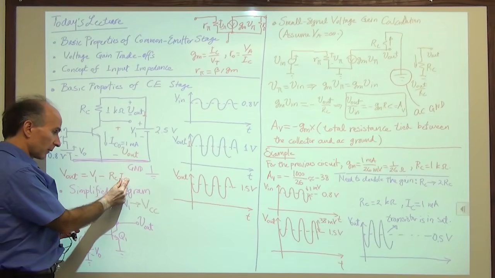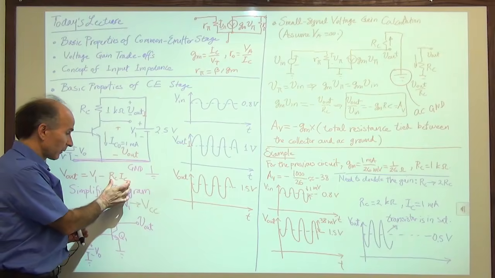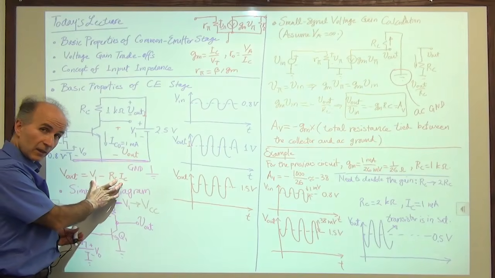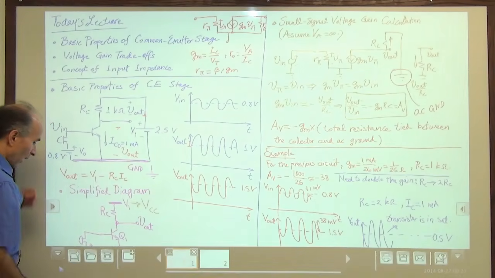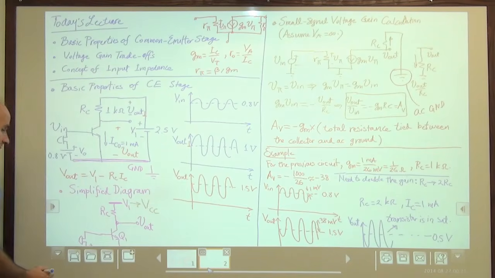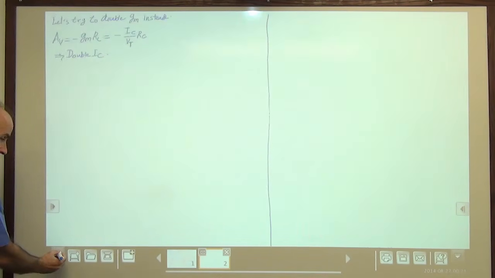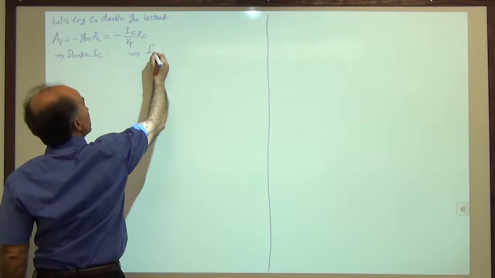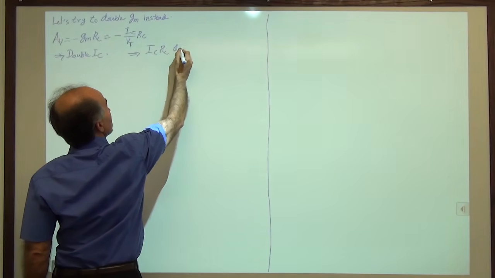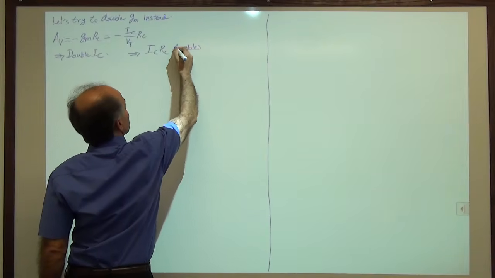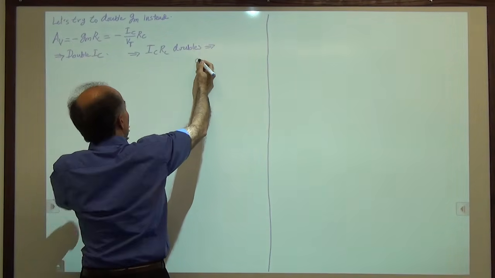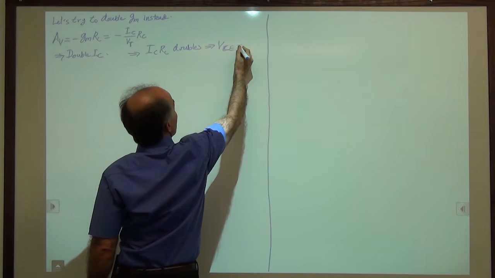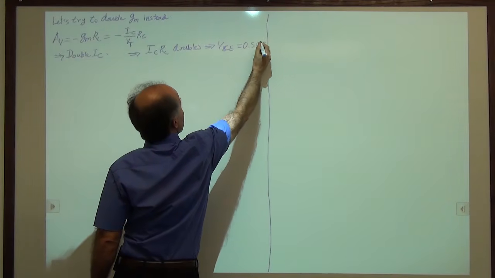Whether we double RC or double IC, this doubles. If this doubles from 1 volt to 2 volts, this result will be 0.5 volts regardless. So in this case, still, we end up with the same situation. So ICRC doubles, which means VCE is equal to 0.5 volts, and we have the same problem as before.